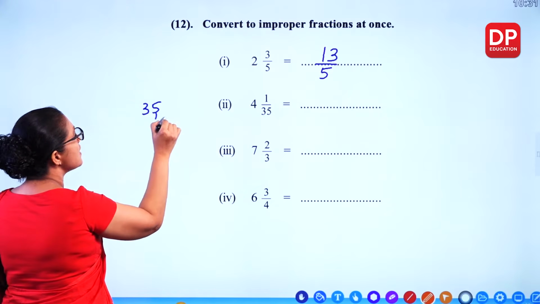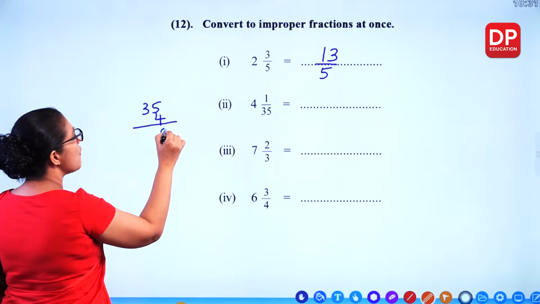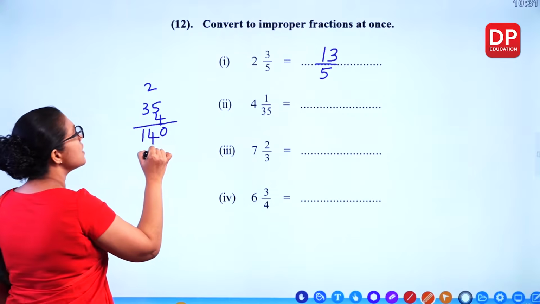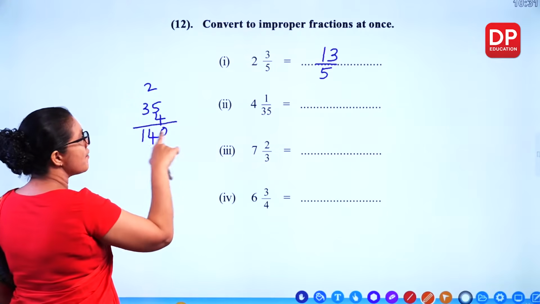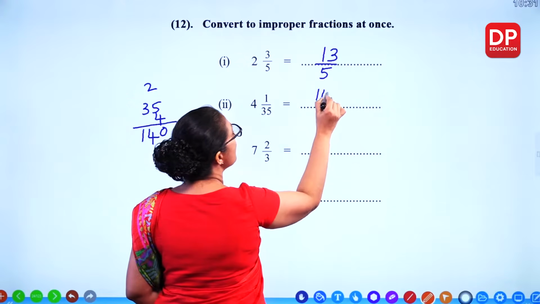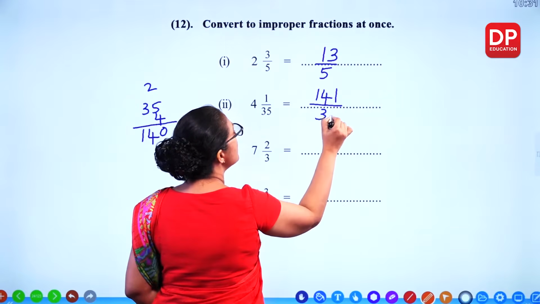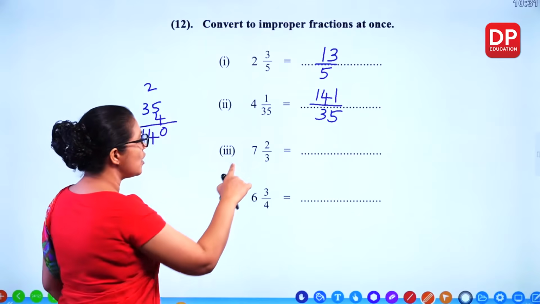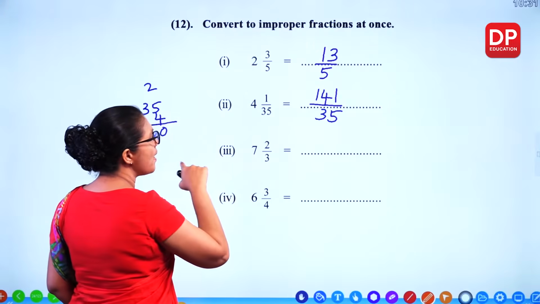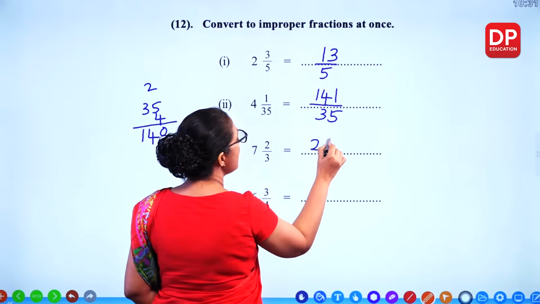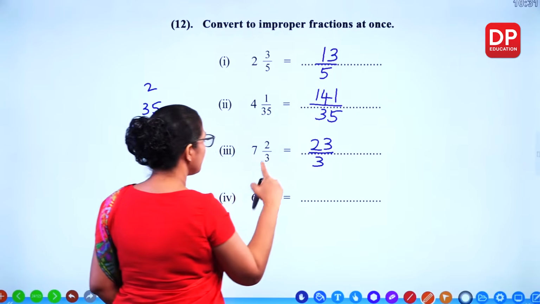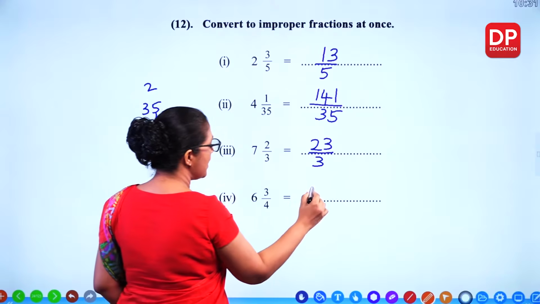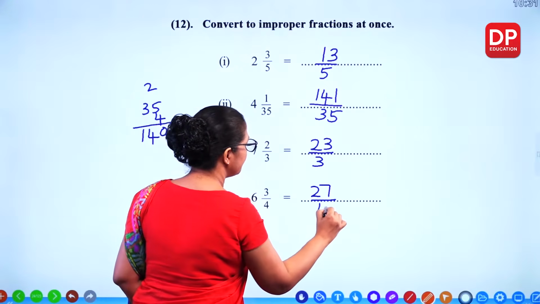We'll do it here. 4 times 5, 20. 4 times 3, 12 plus 2, 14. 140. 140 plus 1, 141 over 35. This one, 7 times 3, 21. 21 plus 2, 23. 6 times 4, 24. 24 plus 3, 27.